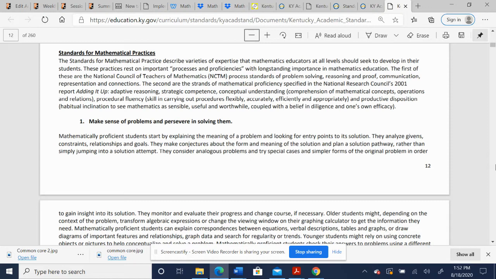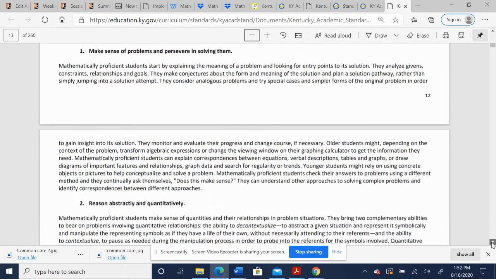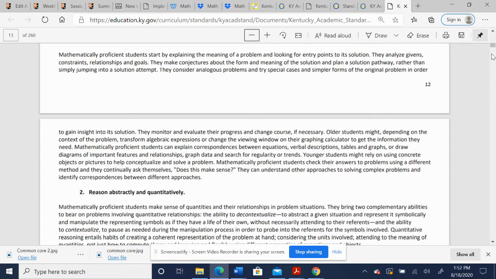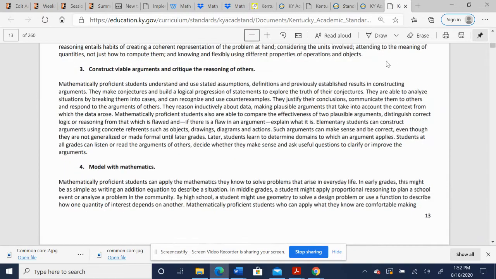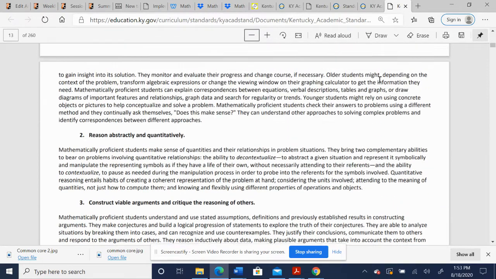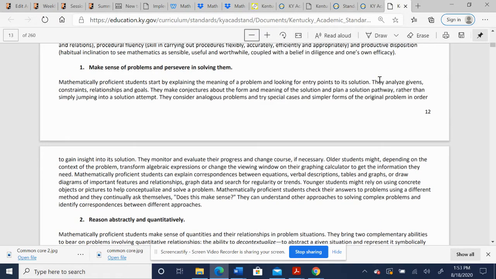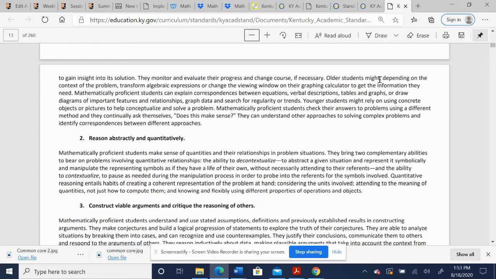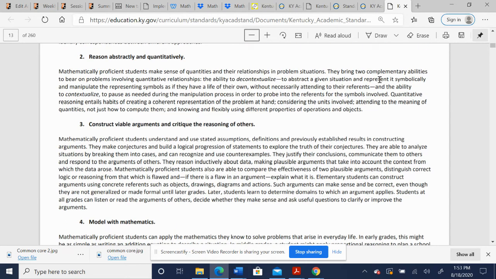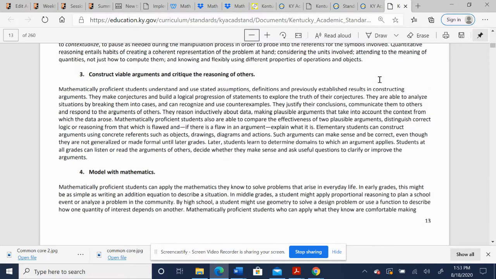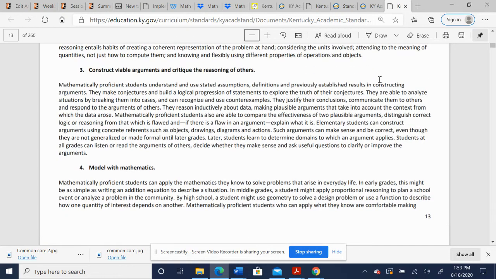These are the type of practices that if students partake in them, then they're going to be more likely to have an effective mathematics learning experience. So what are these things we want students to do? Make sense of problems and persevere in solving them. Reason abstractly and quantitatively. Construct viable arguments and critique the reasoning of others.